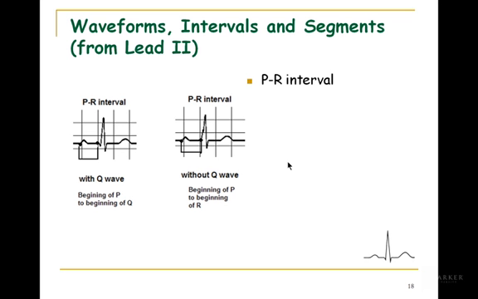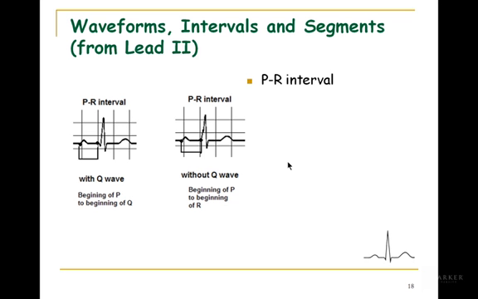So the normal range is anywhere from 0.12 to 0.21 seconds for that electrical impulse to go from the SA node down to the ventricles. If it's greater than 0.21 seconds, we're going to refer to it as a first degree AV nodal block. There's a term. We're going to be talking about other types of AV nodal blocks.